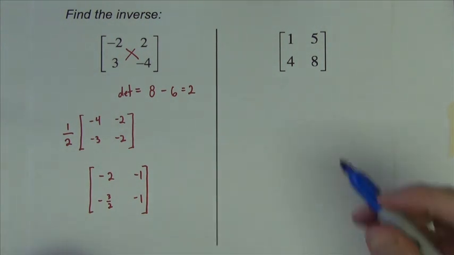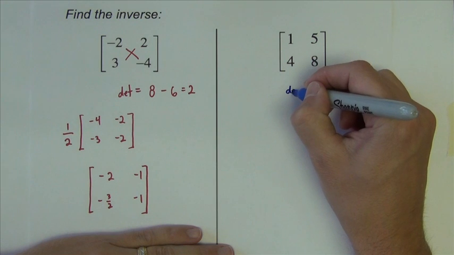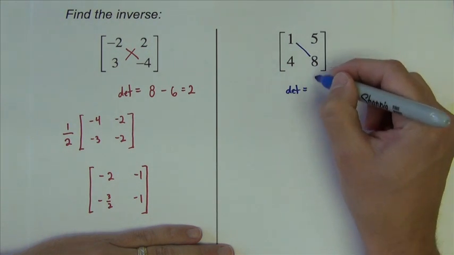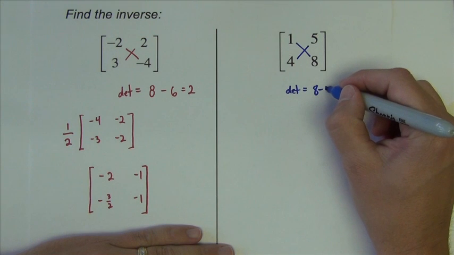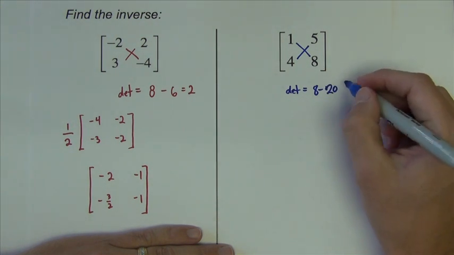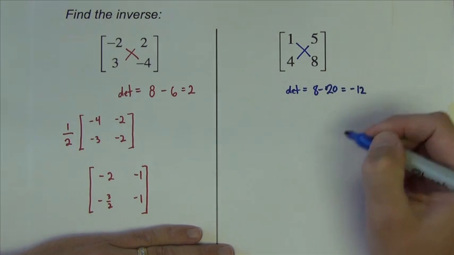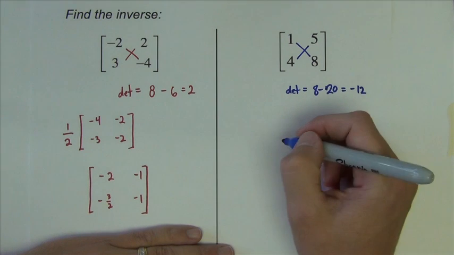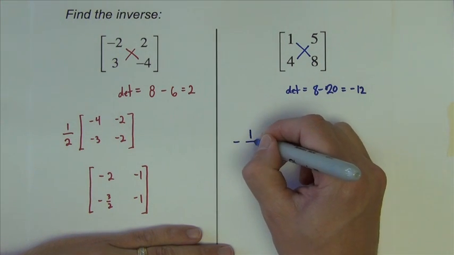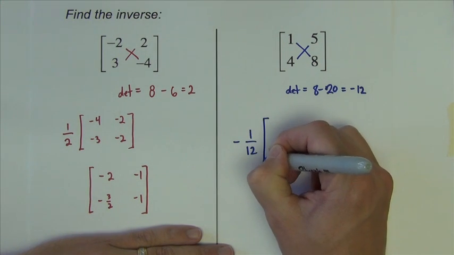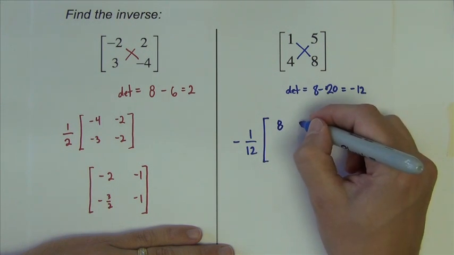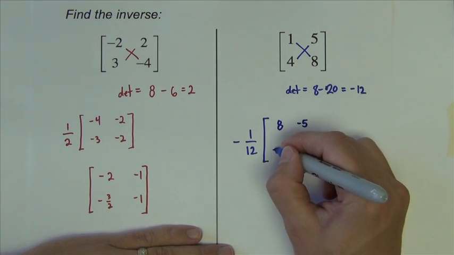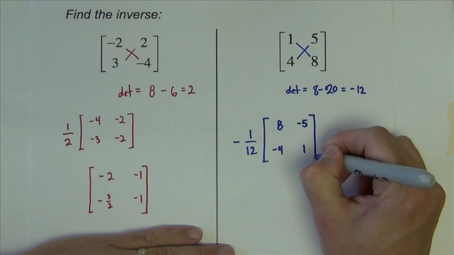Okay, next example. I again begin with the determinant. So 8 times 1 is 8, minus 4 times 5 is 20. So the determinant is -12. Okay, so the inverse is -1/12 times 8 and the 1 switch. The 5 and the 4 become negatives.